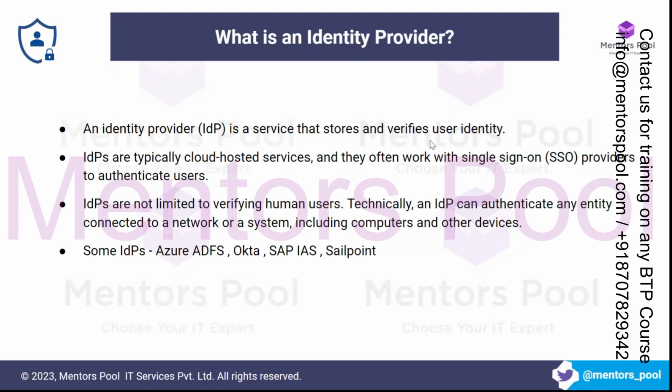So if a login request comes, it starts checking in the store whether there is an entry for this email ID or user ID or login ID, whatever you want to ask. So the first and foremost feature of an identity provider is that it can be a user store, or it can have an authentication mechanism, or it has both features.